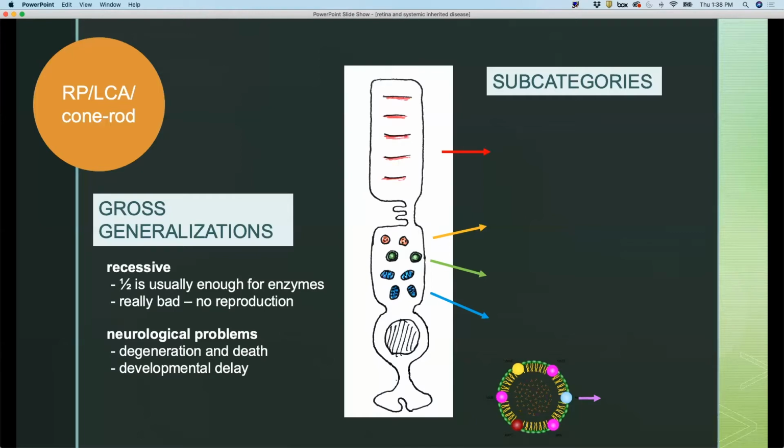So the outer segment of the rods and cones are actually a modified primary cilium. So the cilia is the organelle I'm trying to indicate. So mutations that affect cilia affect the retina because of the importance of the outer segment in rods and cones as being a cilia.